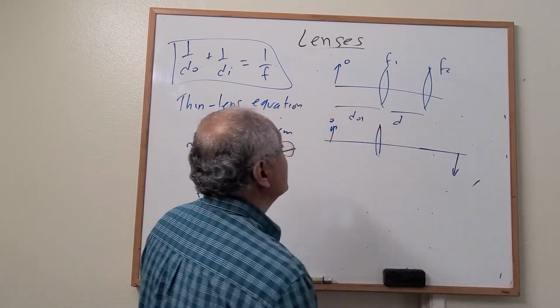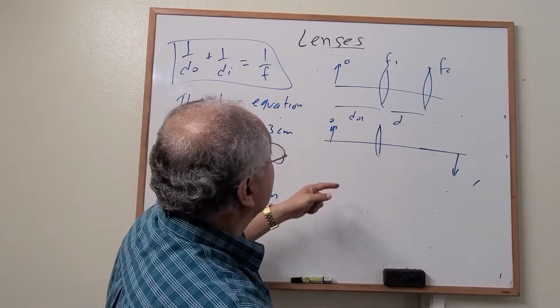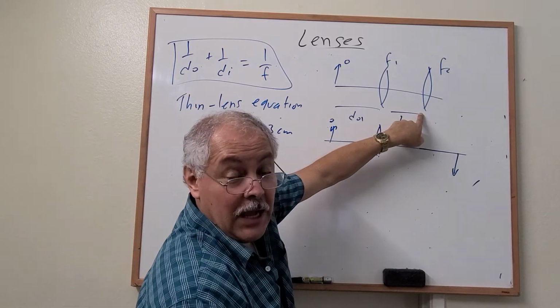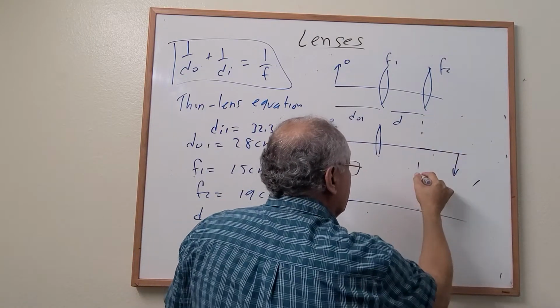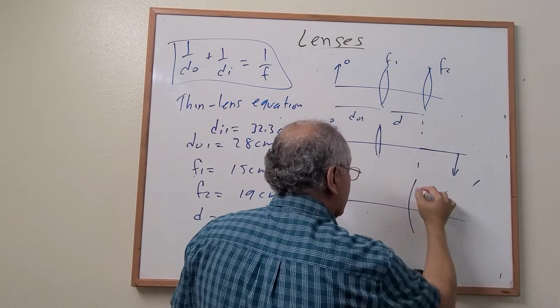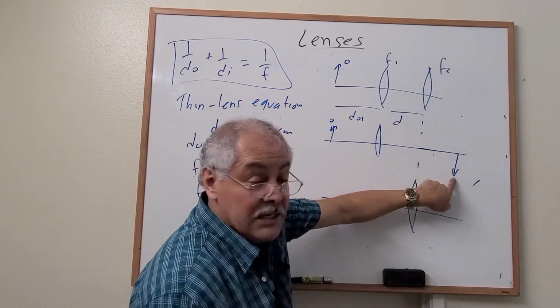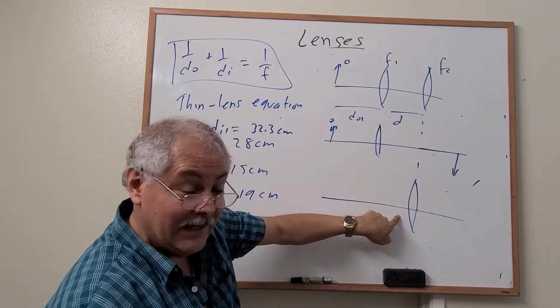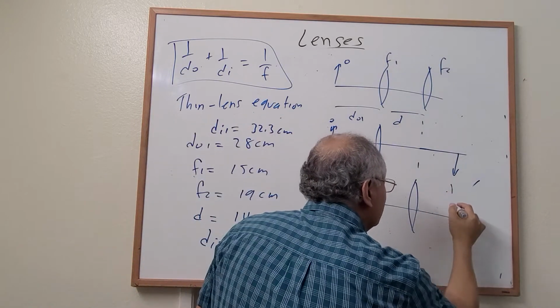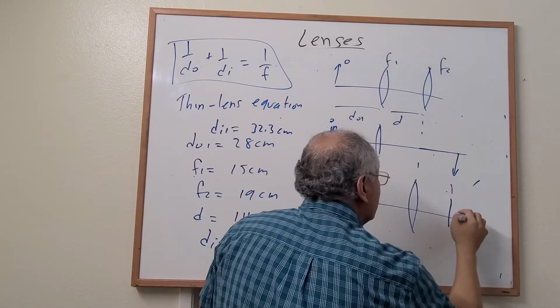Now let's bring in the second lens and place it right here. This image is the object for the second lens.